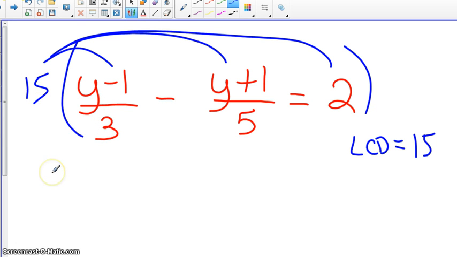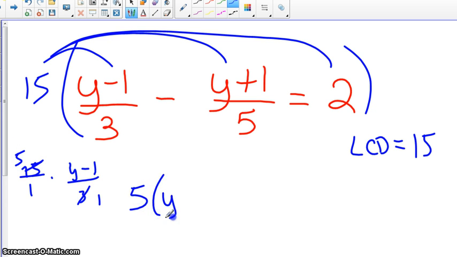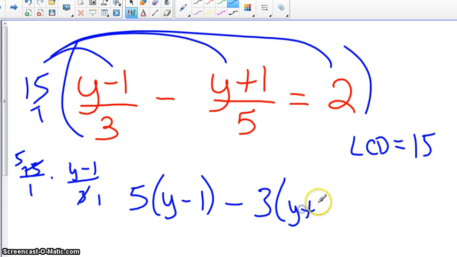Let me actually write this over here on the side for this one. Okay, this cancels and this becomes a 5. So it's 5 times y minus 1, the whole thing, minus, I'm going to do 15 over 1 times this right here. I'm going to get 3y plus 1. And then 15 times 2 is 30.